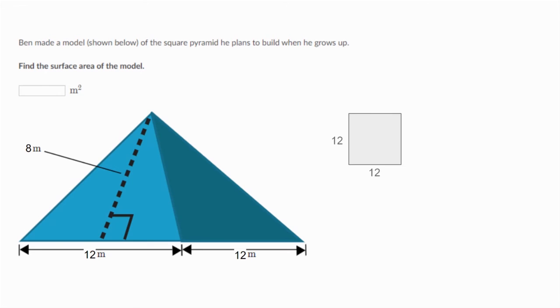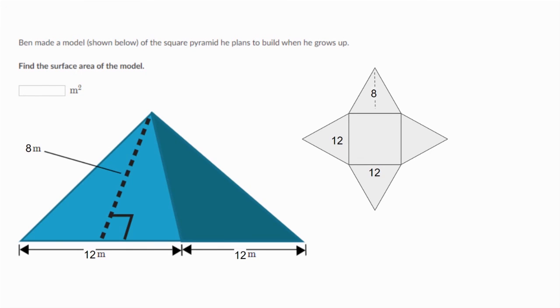So my square is 12 by 12 and it has 1, 2, 3, 4 triangular faces. It's always going to have however many sides there are on the base, that's how many triangles there are going to be. I know that it says 8 millimeters right here, so I'm going to label this 8.